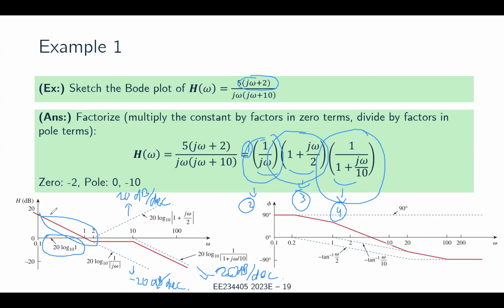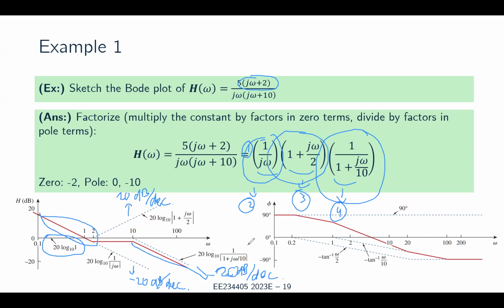So it's here, and then it goes up and goes down with the same slope, 20 and minus 20, so it becomes constant again, and it has another pole at 10, a first order pole with slope or gradient minus 20, so it goes down, right?